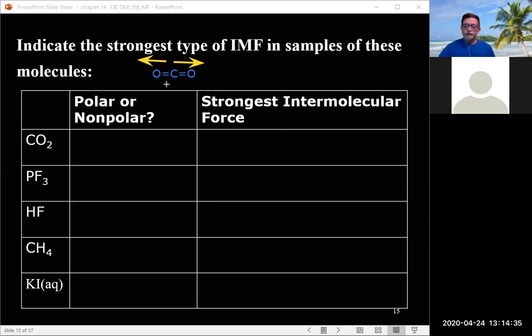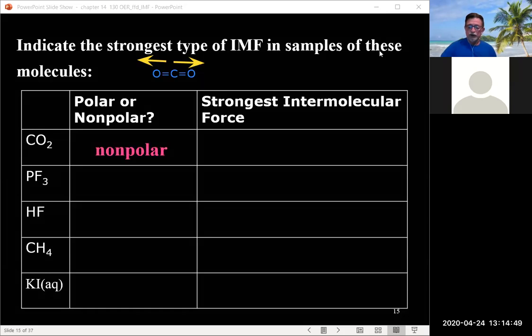That caused that dipole, even though they had polar bonds, they canceled out. Because the one to the right cancels out the dipole going to the left, resulting in a non-polar compound, which carbon dioxide was non-polar, even though it had polar bonds. Therefore, being non-polar, the only force it has are London forces. Any IMF interaction is simply London.